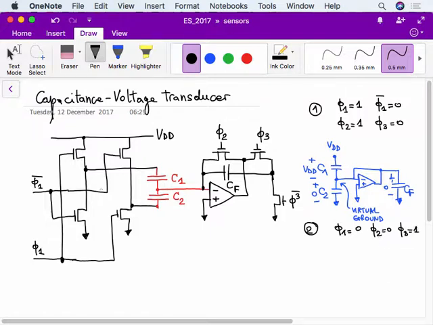So what happens here is that now C2 is connected to VDD because phi1 negated is equal to 1, and then we have a reversal of the previous situation. C2 is connected to ground. This is the common mode. C1 is connected down to 0. So this is C1.